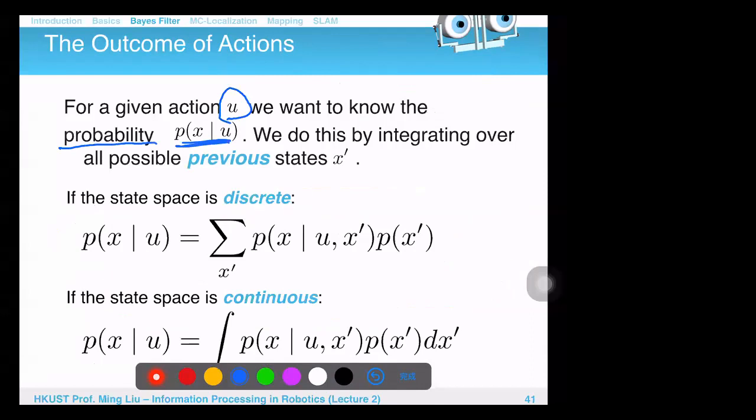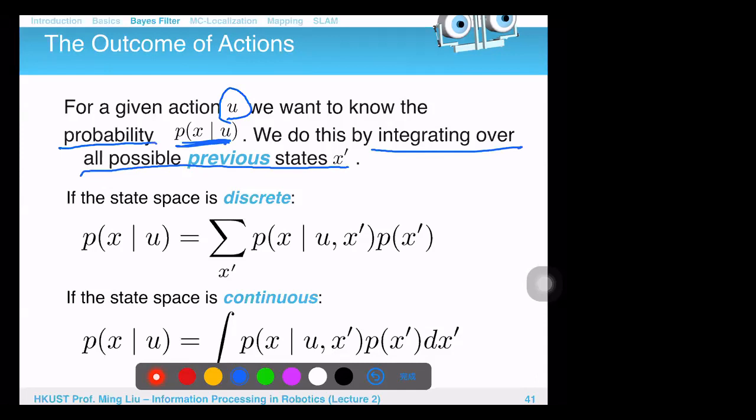We know that you have sensors on a robot. These sensors will help you to determine the state. But for now, we separate the problem a bit. We first look at, if you have a u, then what will happen to this x. We do this by integrating over all the possible previous states, x prime.